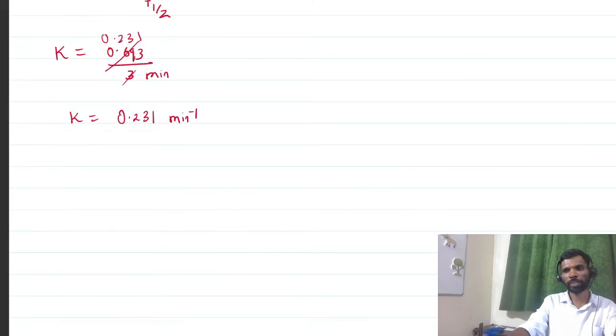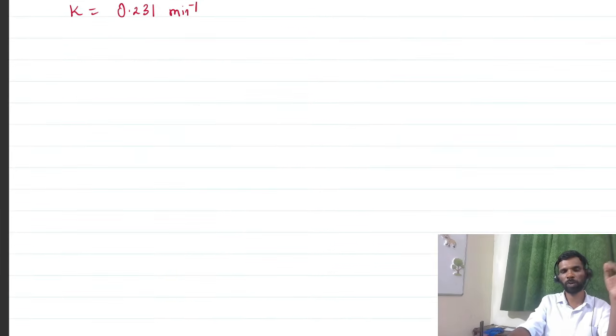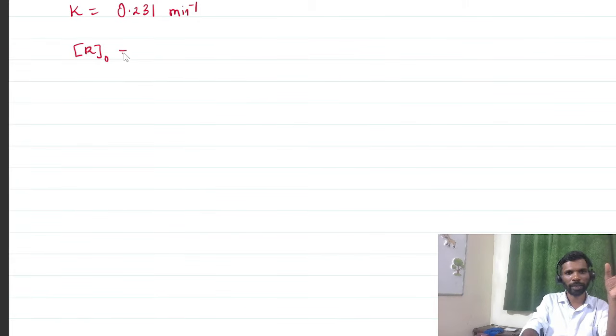Now the question says 99% completion. So can you comment what will be the percent remaining, like what will be the value of R? If R0 is 100, I am assuming it is 100, then what will be R? R will be 100 minus 99 because 99% is complete, so just 1% is remaining.